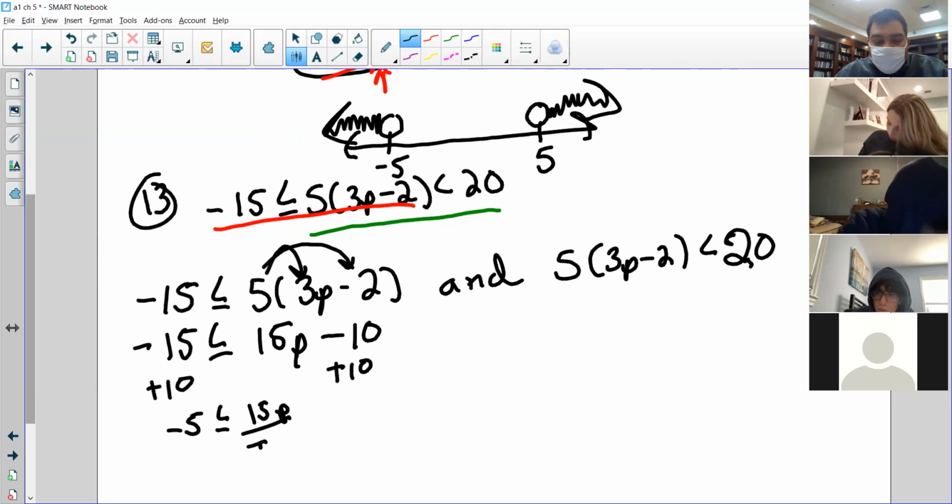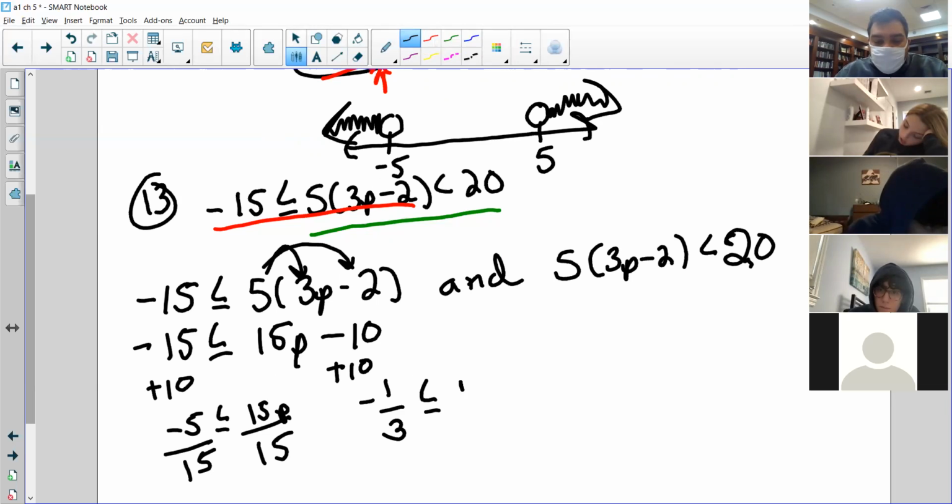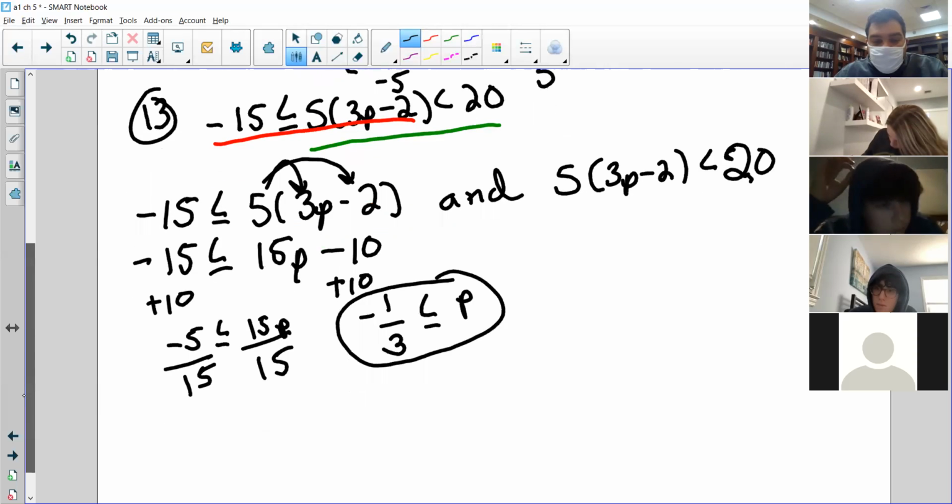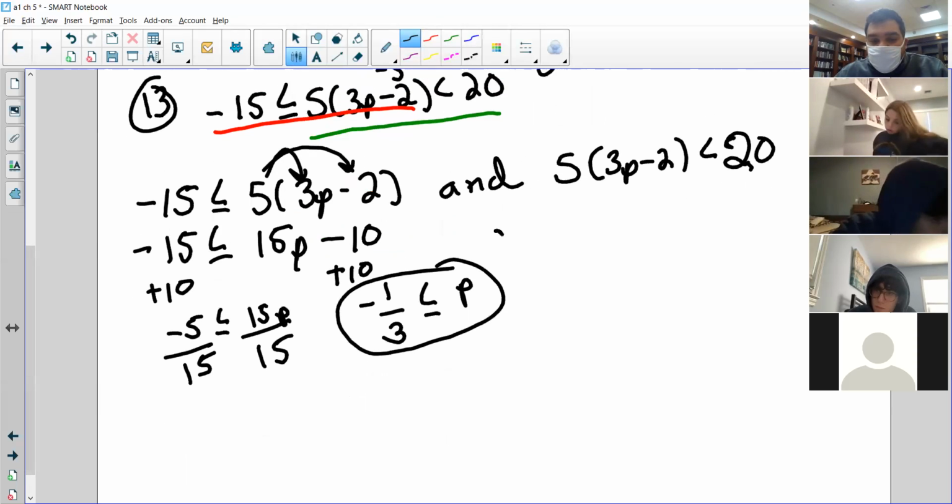I'm going to divide by 15. That's going to be negative 1/3 after I simplify, is less than or equal to p. That's one part of my answer. Second part of my answer, I have to do the right side.